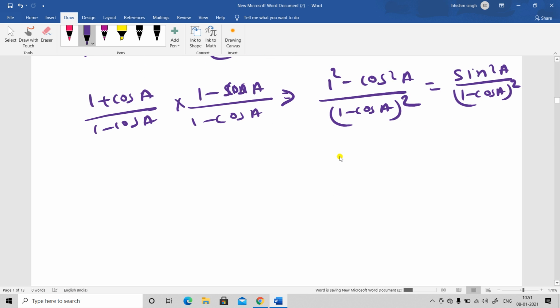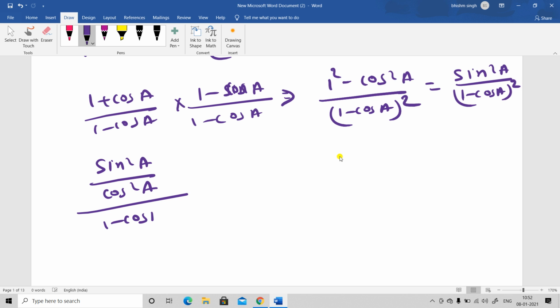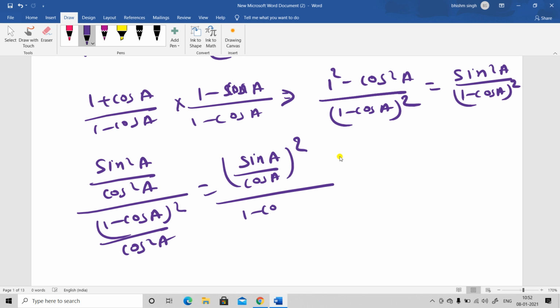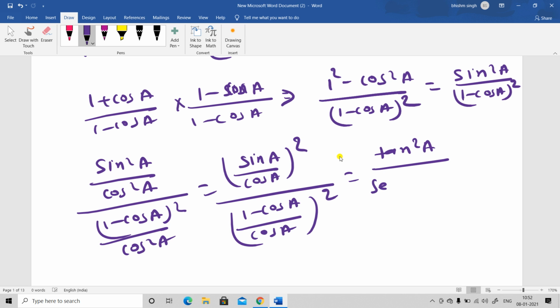Now above and below I will multiply by cos: sine square a divided by cos square a, and 1 minus cos a whole square divided by cos square a. So sin a divided by cos a, this whole square, I can write like this, and 1 minus cos a divided by cos a also whole square: tan square a into sec a minus 1 whole square.